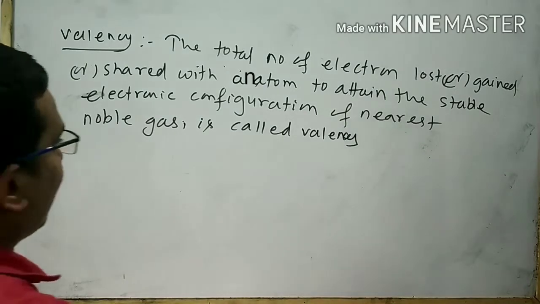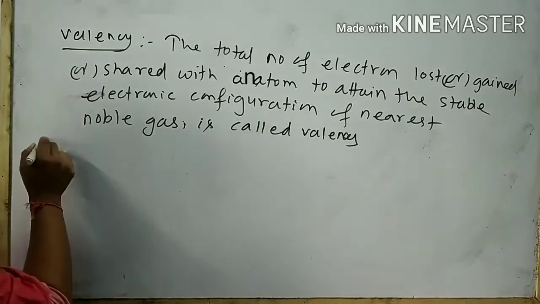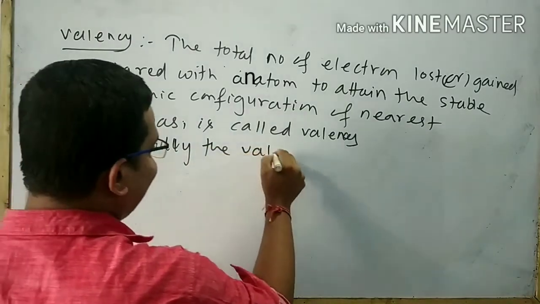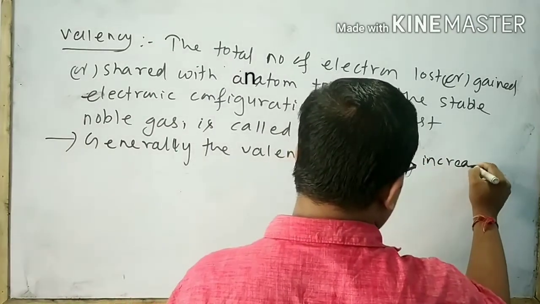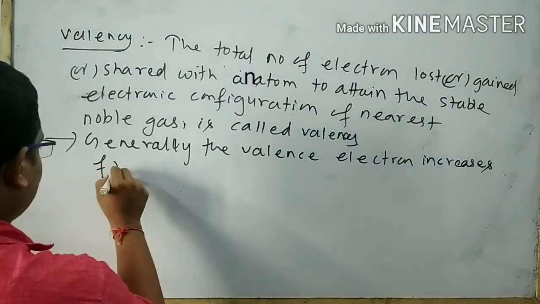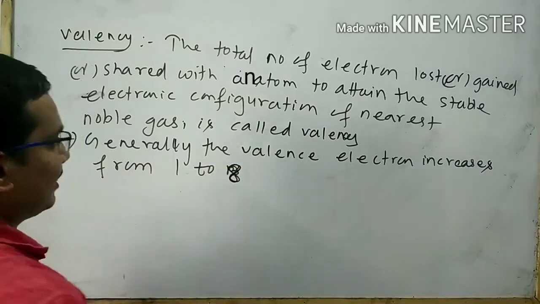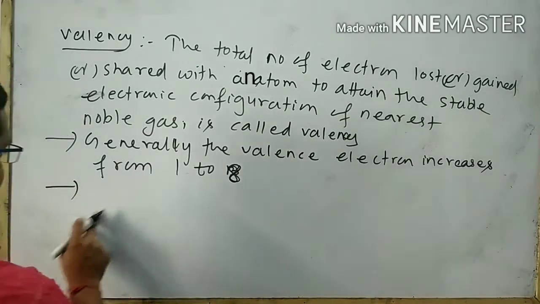Now I will discuss the variation of valency along the group and along the period. Remember a very important point: generally, the valence electrons increase from 1 to 8. If I discuss the variation of valency of the elements along a period, we can write a point.